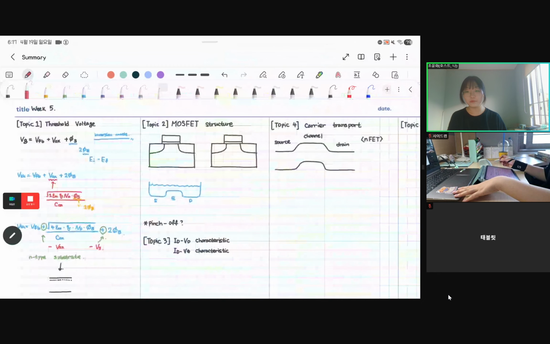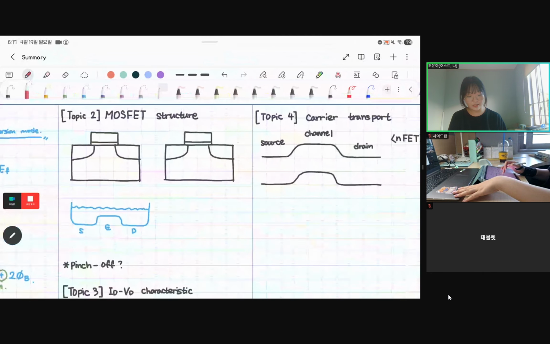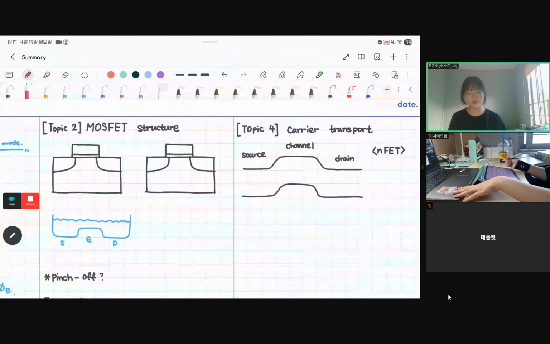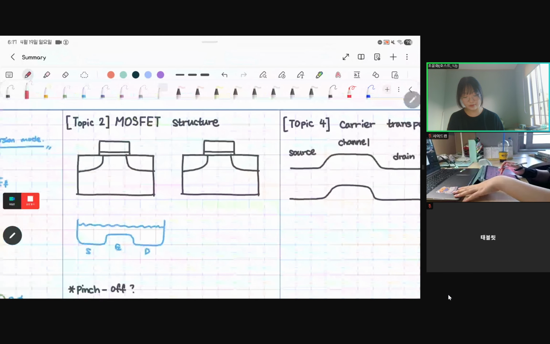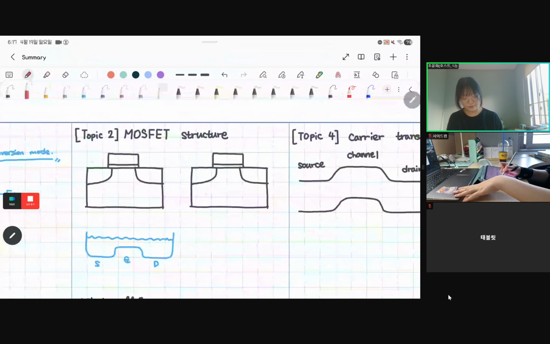Now we will see the MOSFET structure. A MOSFET has three parts: gate, source, and drain.